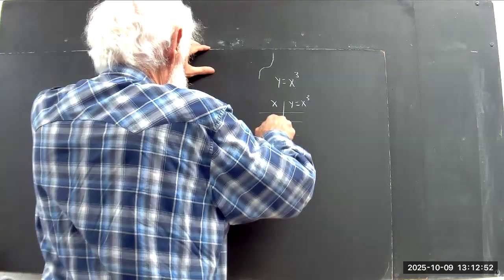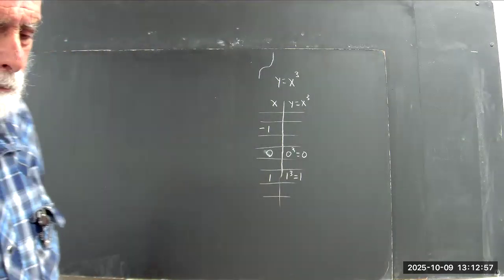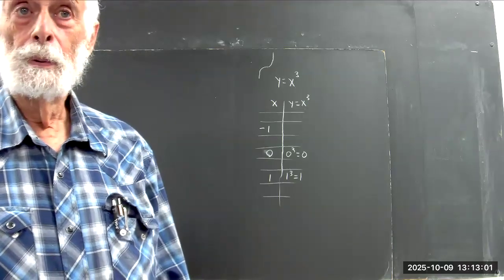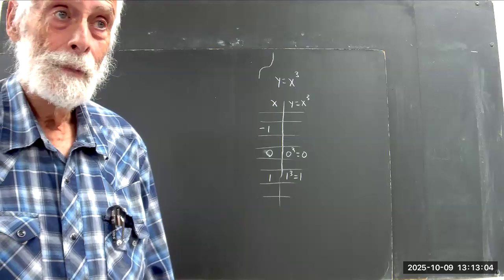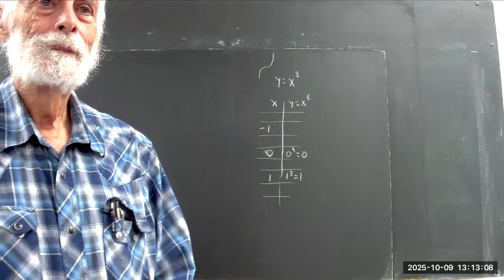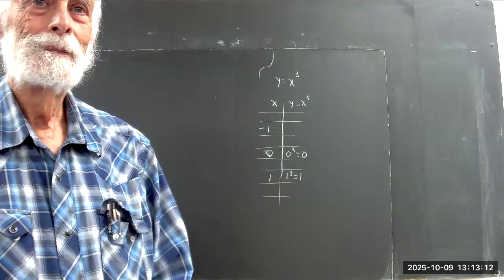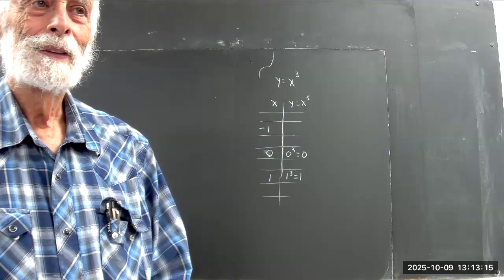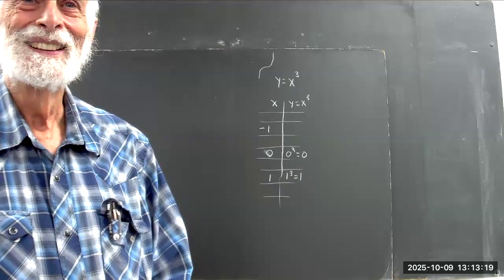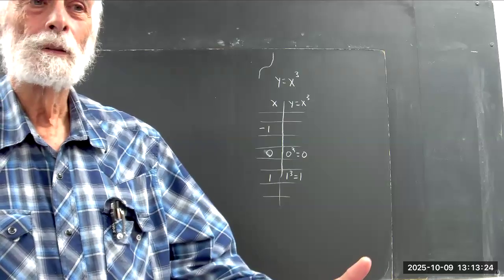Now, if I put -1, well, if it's an x squared graph, -1 squared would be 1, right? What's -1 cubed? Show me with your fingers. I don't see one person got a finger up. Okay. Write it out.